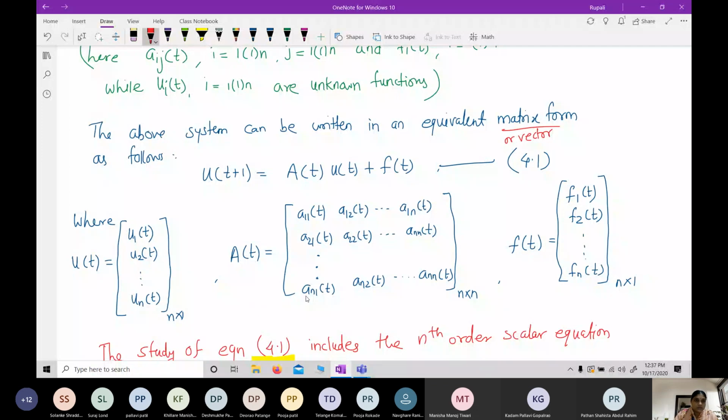If it is not dependent on t, it means entries of the matrix are just scalars, not functions of t.